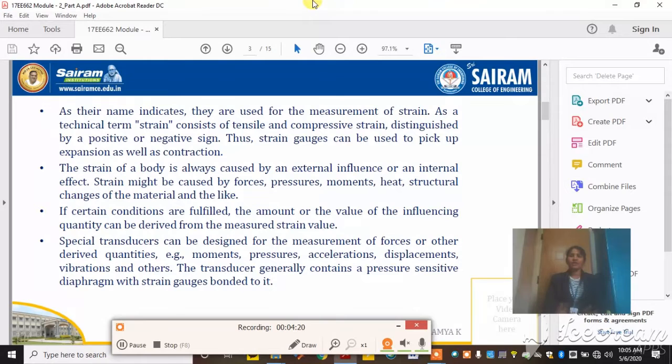If a certain condition is fulfilled, the influencing quantity can be derived from the measured strain value.